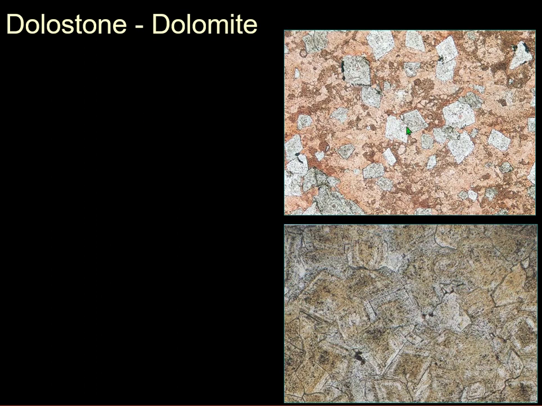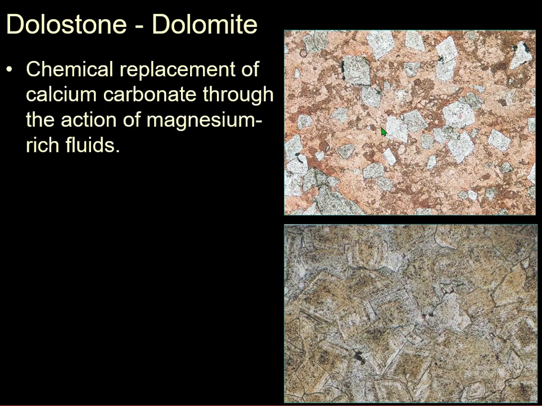Dolomite, as I showed you, or dolostone, is a chemical replacement of calcium carbonate through the action of magnesium-rich fluids. Here you can see this is calcite, which was stained pink, and this is dolomite, which grew in it. This has become completely dolomitized, but you can still see these relics of the crystals which grew, completely replacing any texture that was there before.